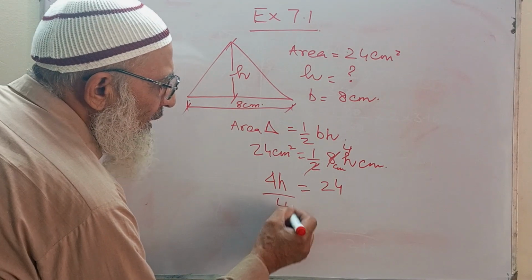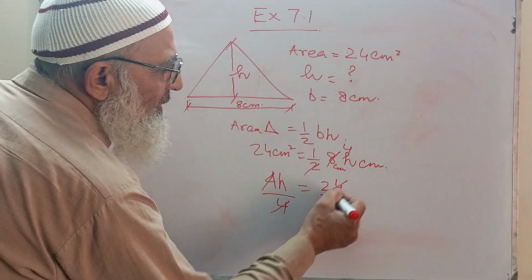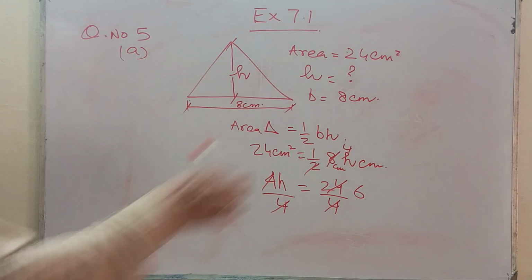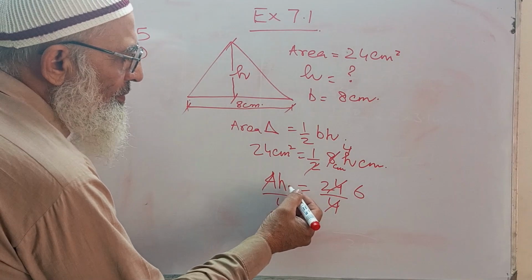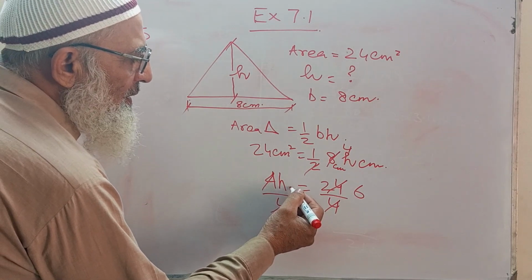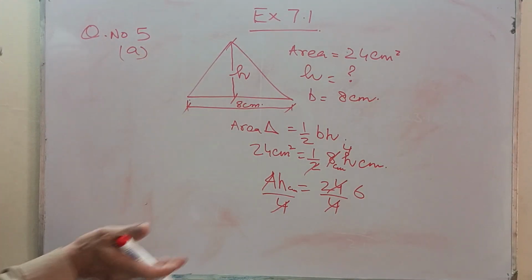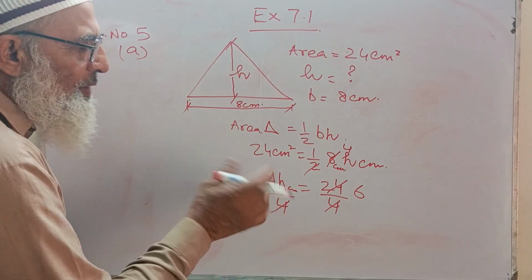So by removing 4 from here, we get h equal to 6. Now I told you how the square has been removed. You see that h was in centimeter. This is for your understanding only, you need not write this.